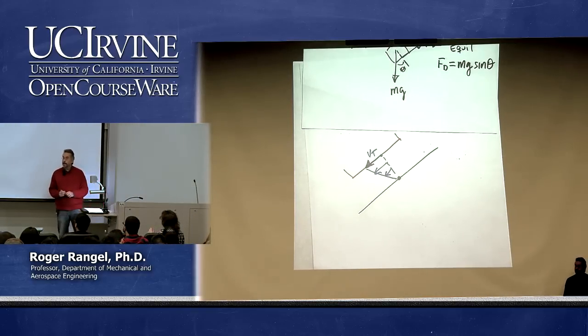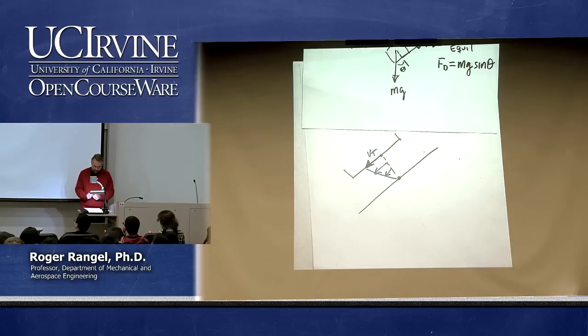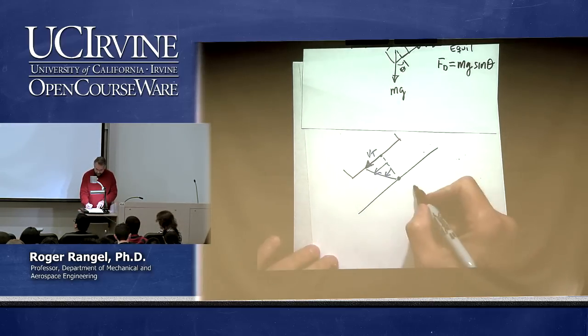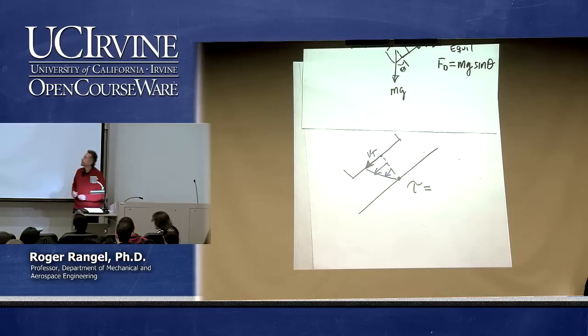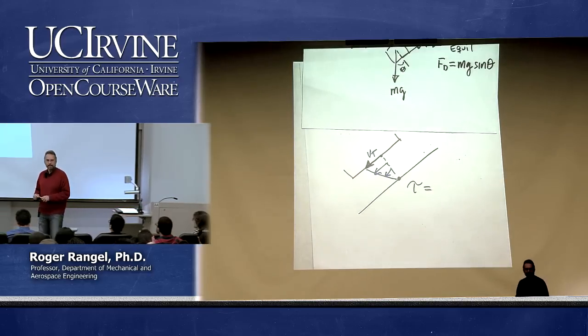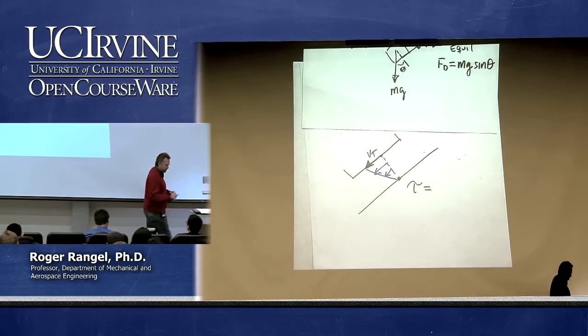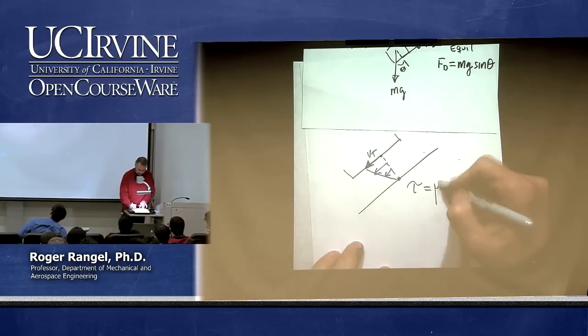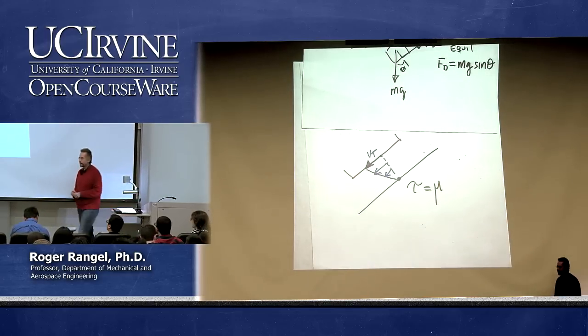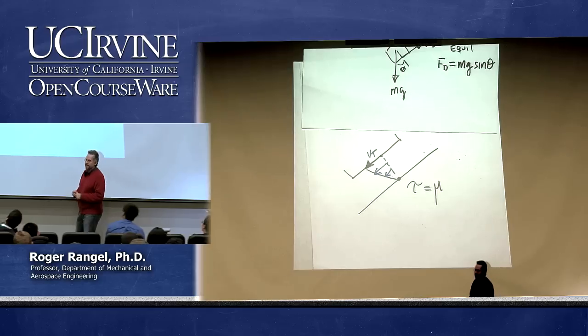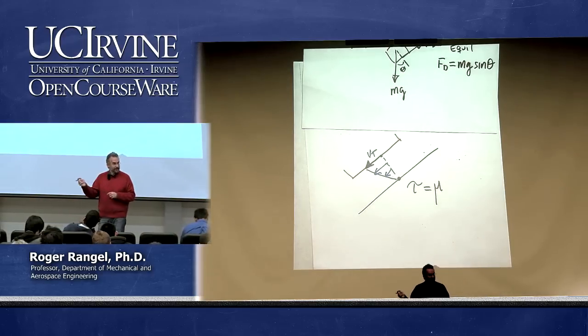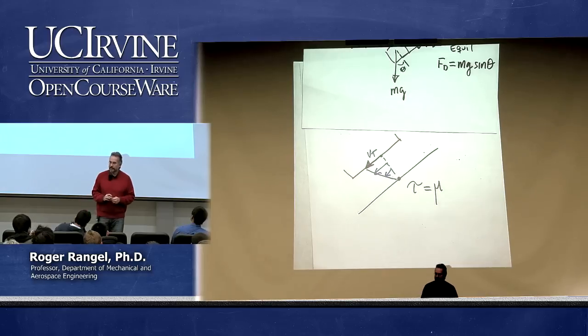So, if this is Couette flow under the block, what's the shear stress on the block? Viscosity times what? The strain rate. And what's the strain rate in this case?